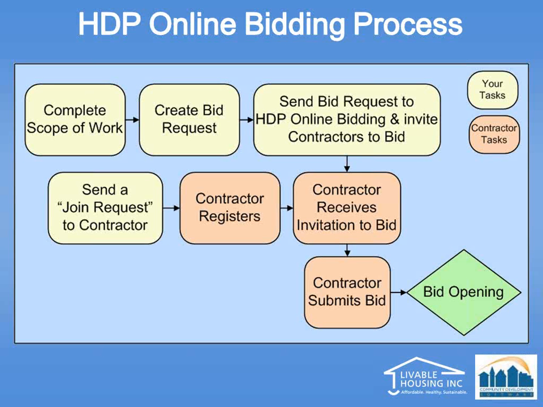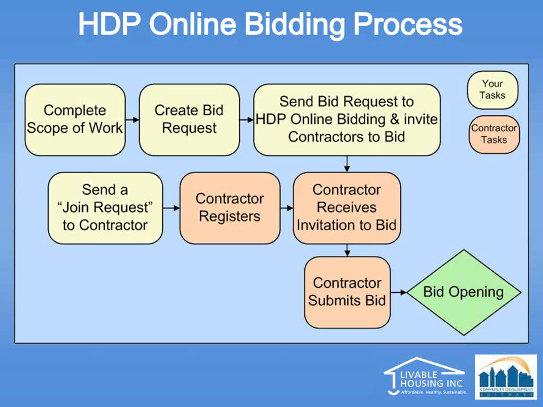So the contractor then would get an email online and receive this invitation to bid, have access to the specs for that address, they could then submit a bid online, and you can have a bid opening.